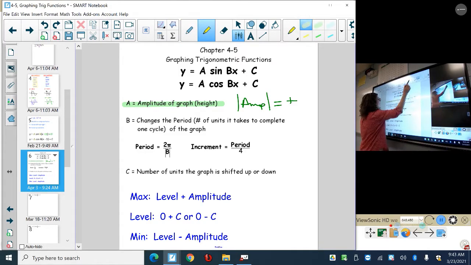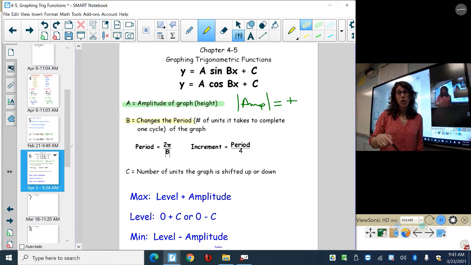Okay? B changes the period. It takes one revolution to get around the unit circle. However, if I change the period, I want you to consider this talking about your heart rate. So if I'm just normally walking, my heart rate is going to have a rhythm, and that rhythm is going to be 0 to 2 pi. That is the norm.